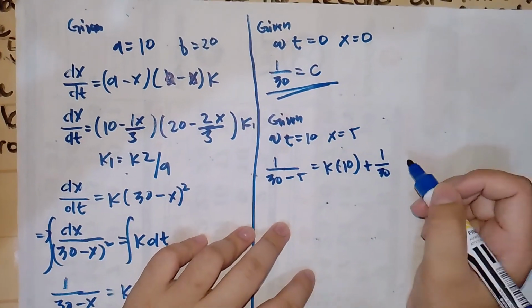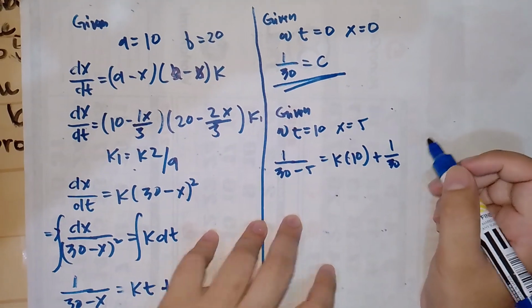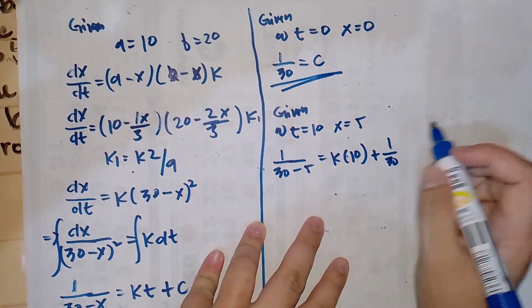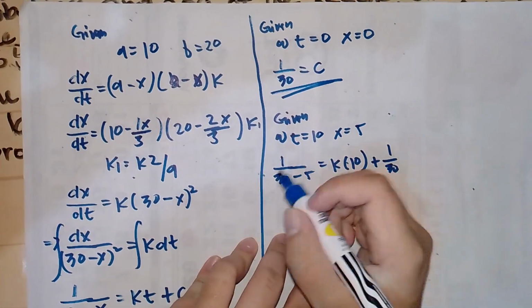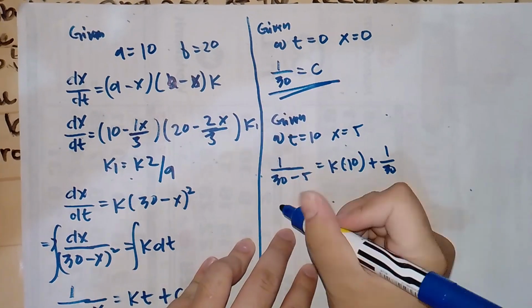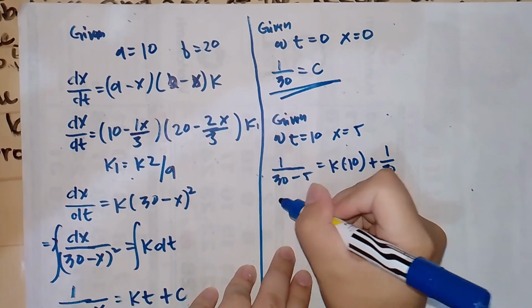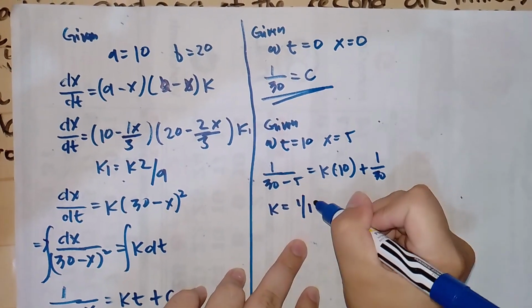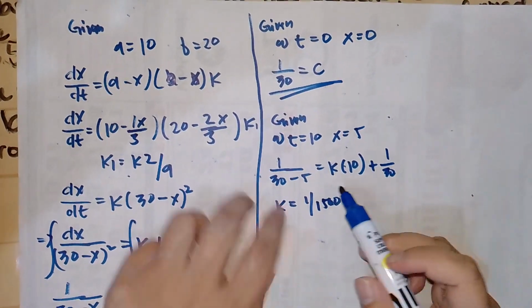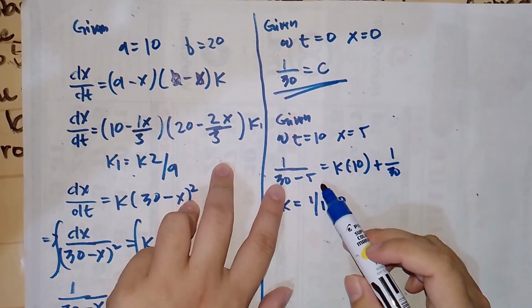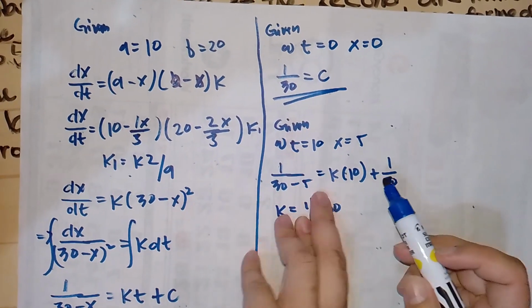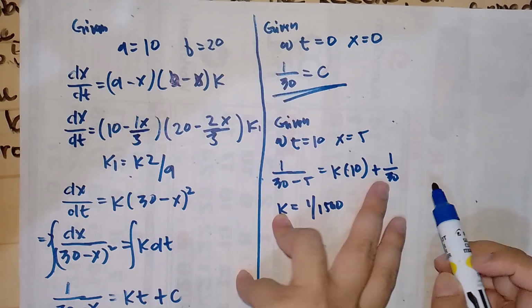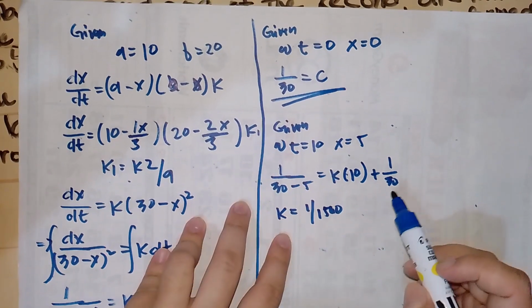Using a little bit of manipulation, the value of k will be 1 over 1,500. Since 1 over 30 minus 5 is 1 over 25, we transpose the 1 over 30.